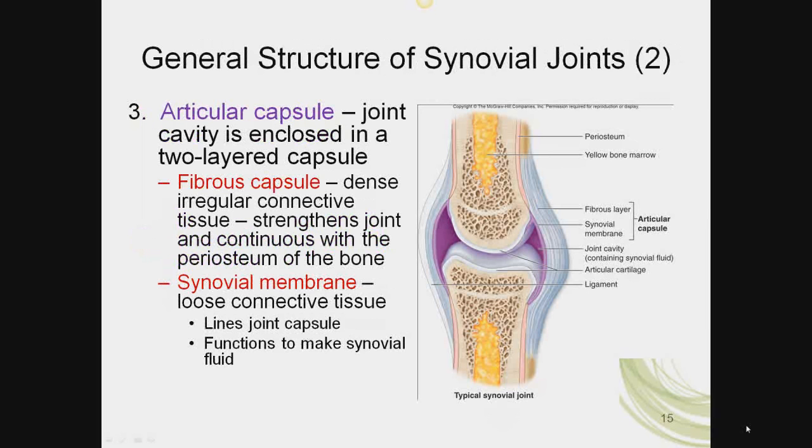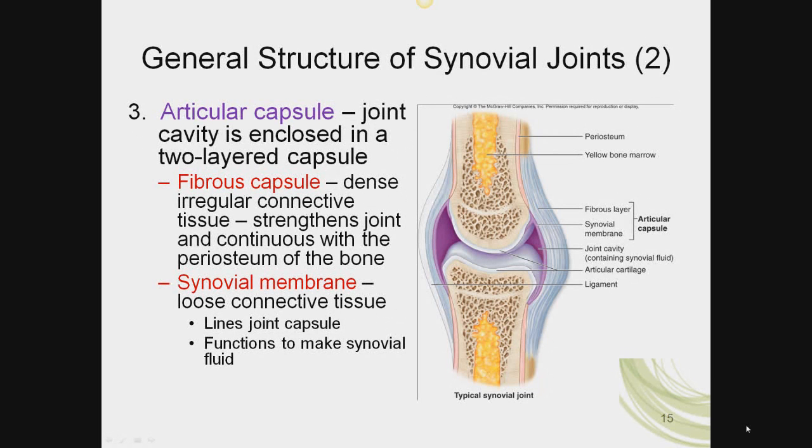Each synovial joint is composed of a double-layered capsule called the articular capsule or joint capsule. The outer layer is called the fibrous layer. And again, on this picture to the right, you're seeing in bold the articular capsule and the two layers, the fibrous layer and the synovial membrane. The inner layer is the synovial membrane, or synovium.